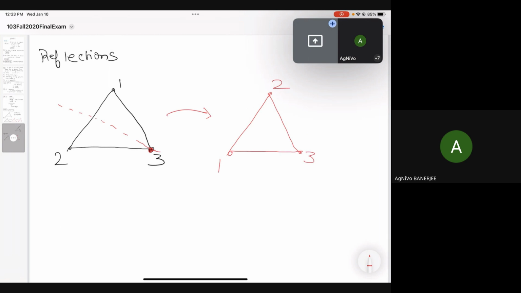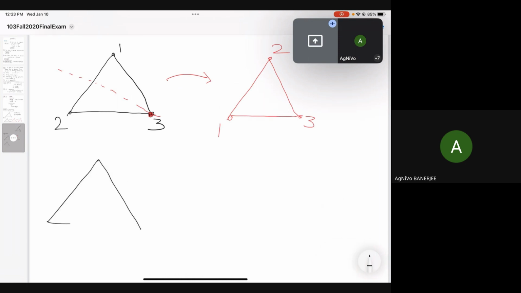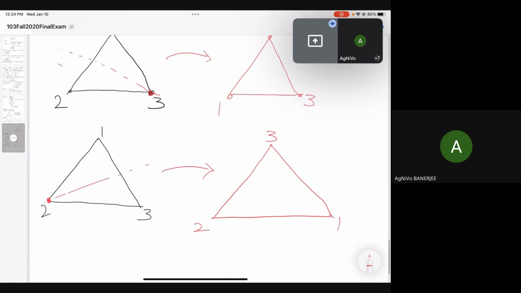By fixing each vertex. So let me just draw them also, just for the sake of completion. So I have 1, 2, 3. Now I can instead fix number 2 and then reflect like that. And I'll end up with 2 fixed, 1 becomes 3, 3 becomes 1.